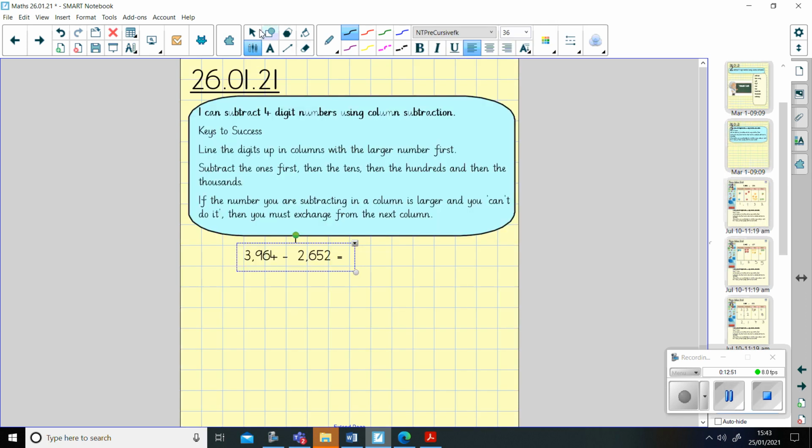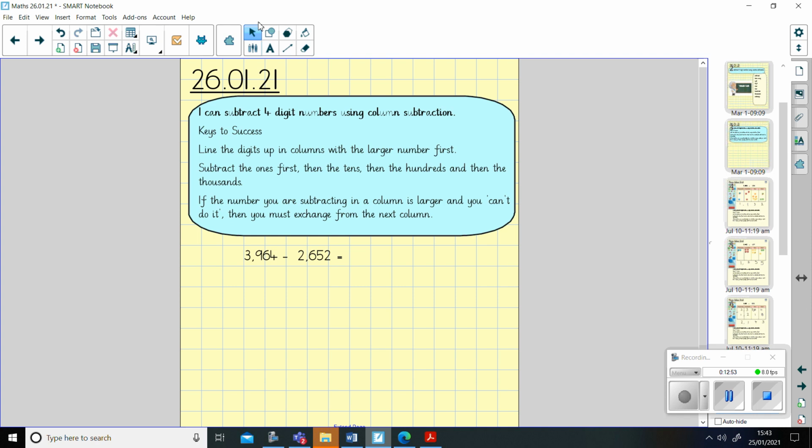So this time I've just got the calculation. So I'm going to make sure I line my numbers up, my digits in columns. So I'm going to do 3964, and I'm subtracting 2652.